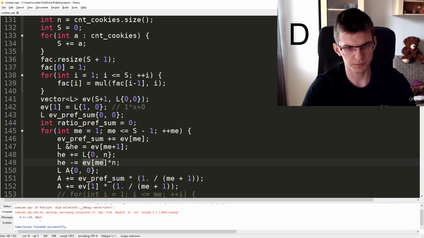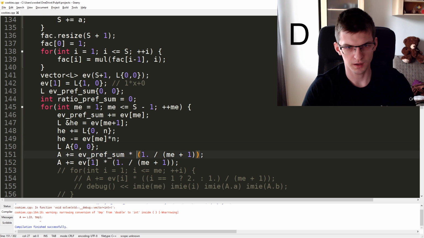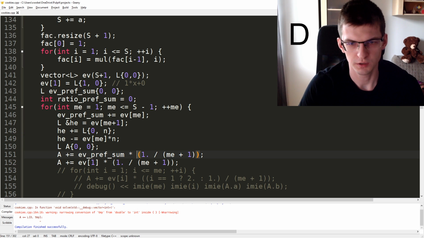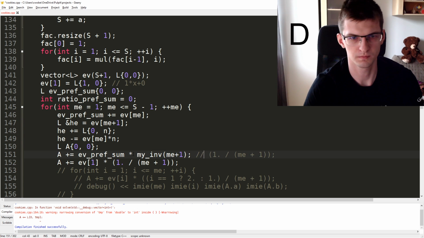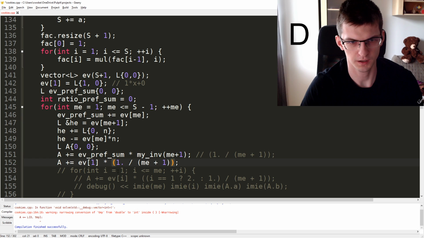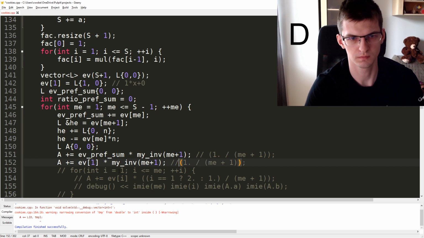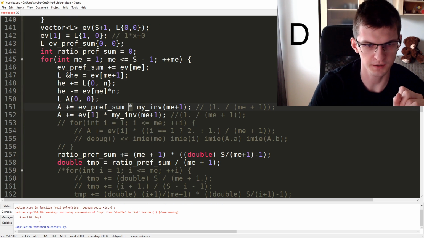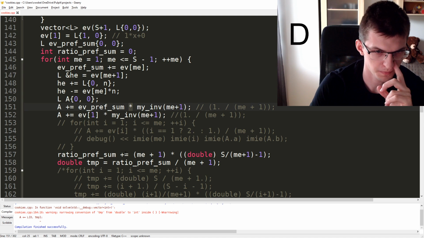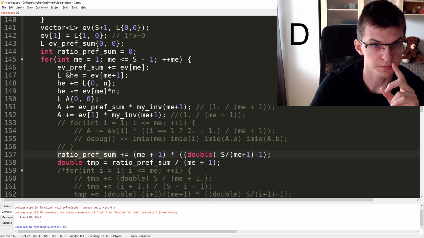Here this is L by N, so it's fine. What do we have here? It's inverse of that. This is again. If we prefix sum, this is also, this times is fine. Ratio pref sum.